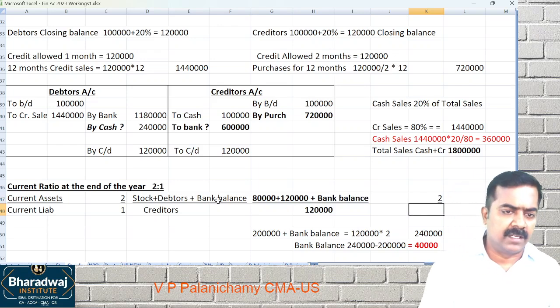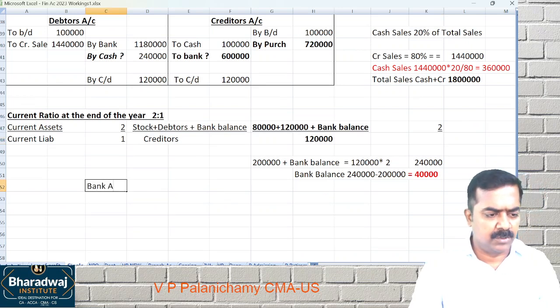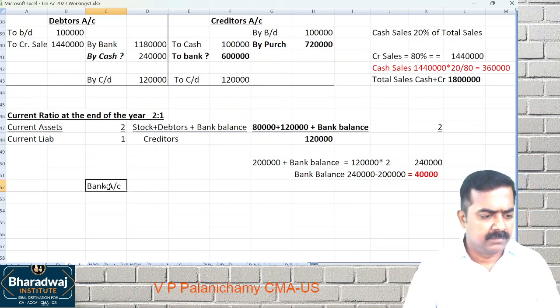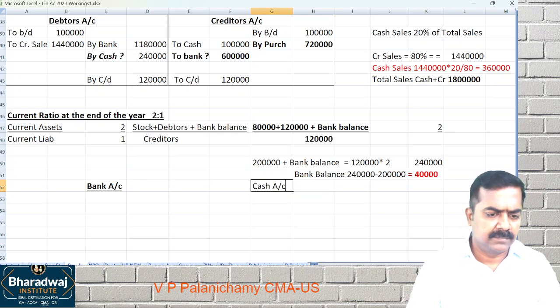We can prepare bank account separately, cash account separately also, no problem. Contra போட்டும் prepare பண்ணலாம்.